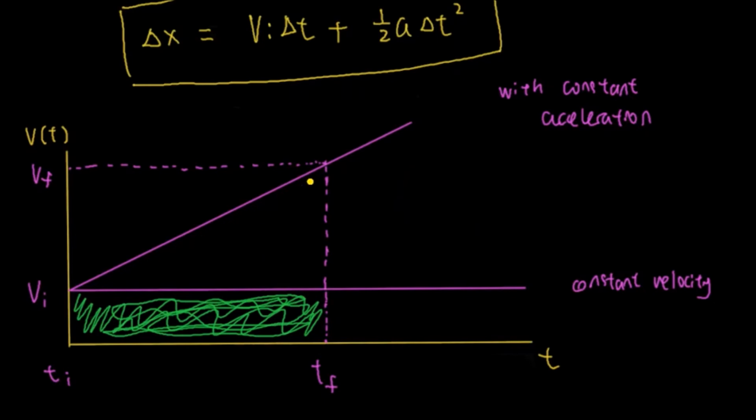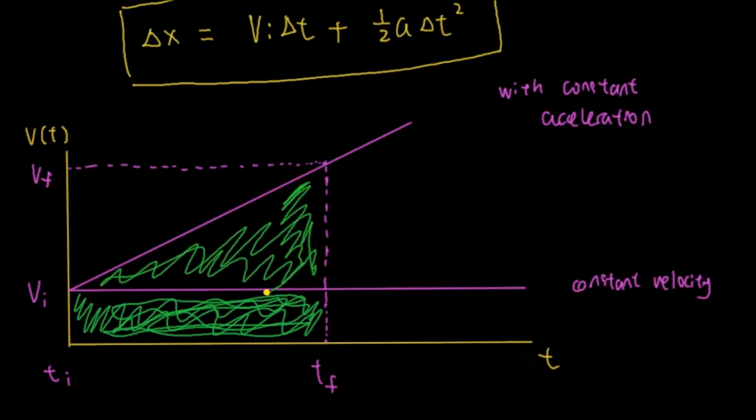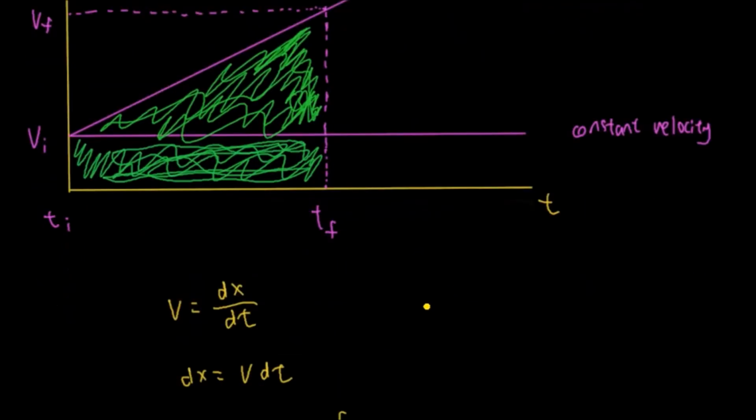So you have to include the area under this triangle as well. And what's the area of this triangle? Well, we know the area of this rectangle is v initial times t final minus t initial, which is change in time. How about this one here? So let me write it like this. This one here is delta t.